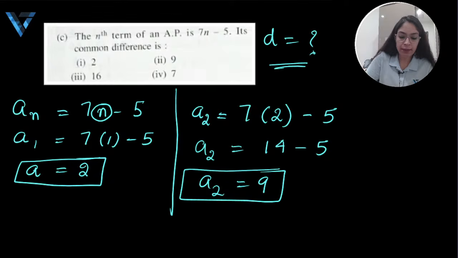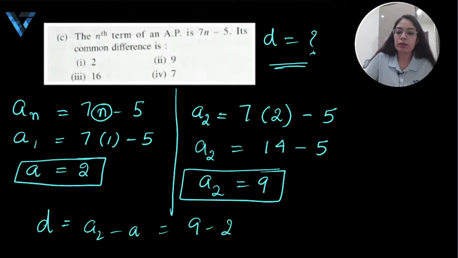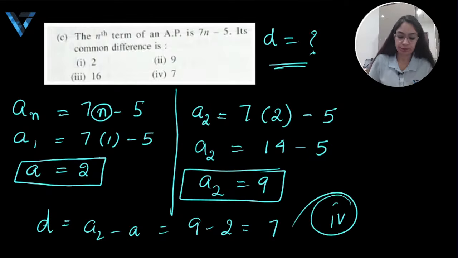What will be the common difference here? Second term minus first term. So 9 minus 2 is equals to 7. So it's the fourth option.